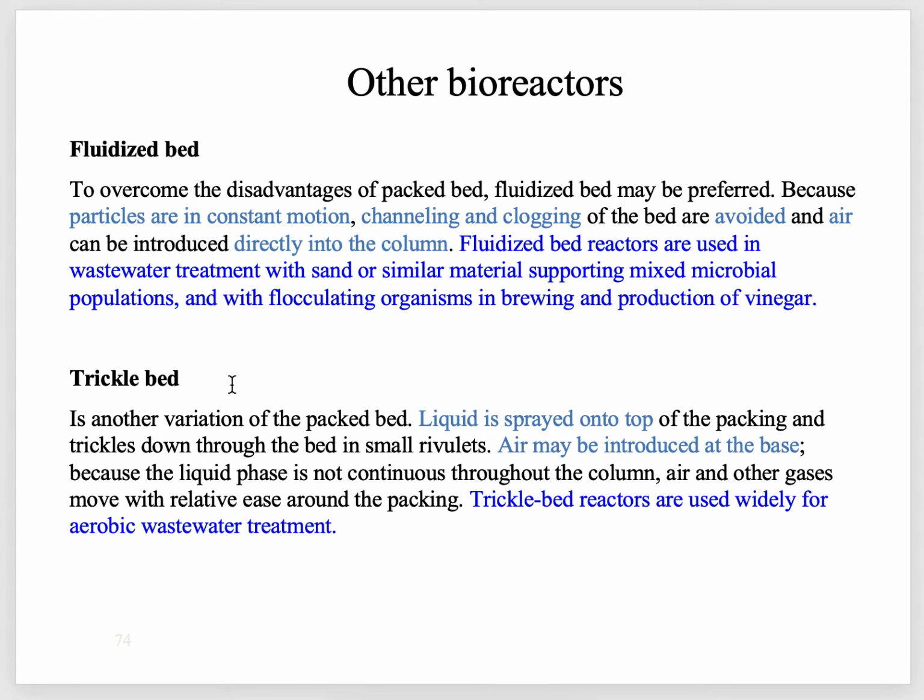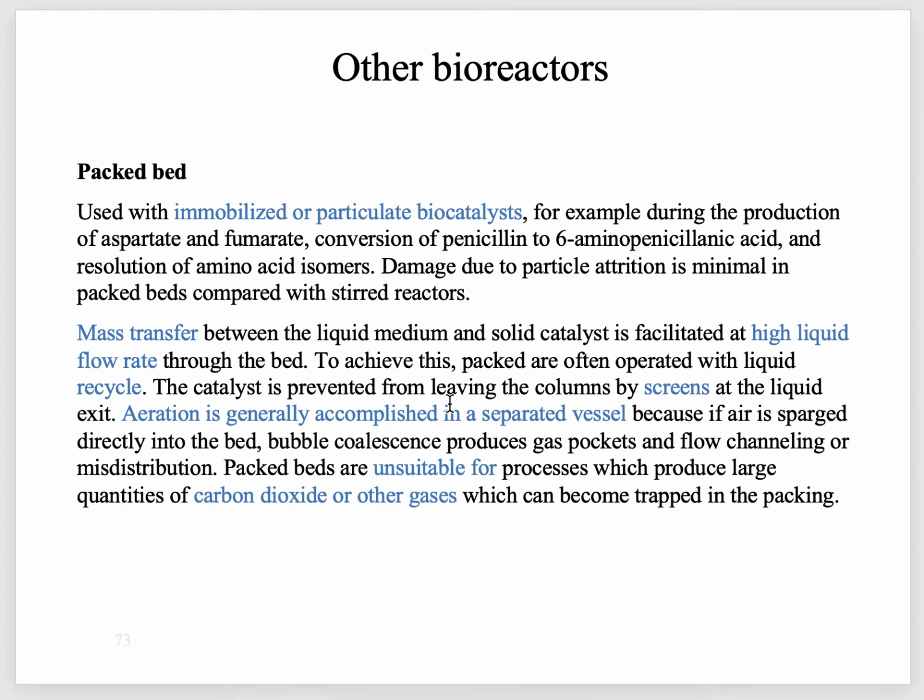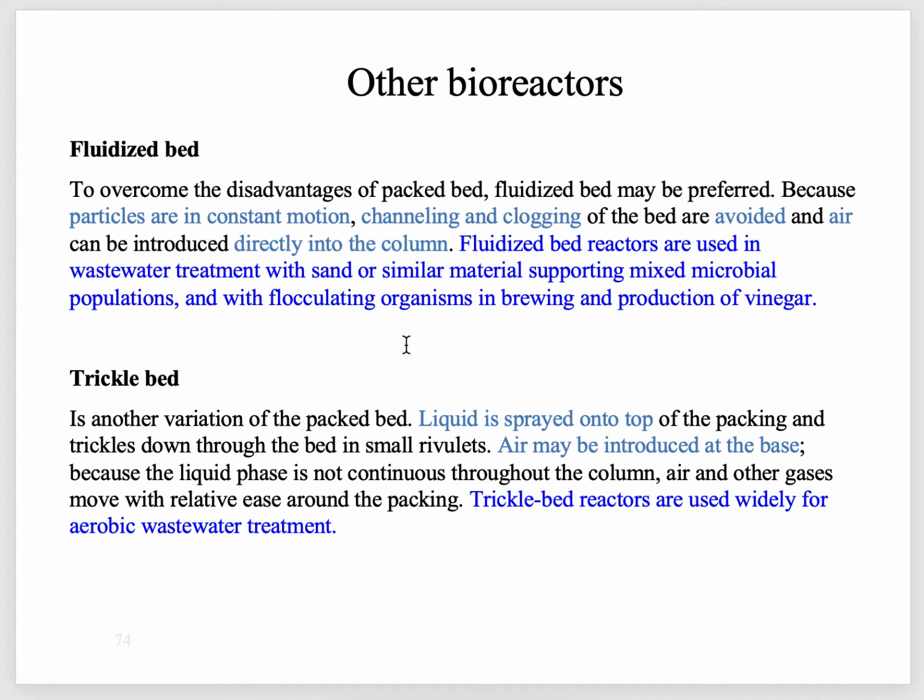Then another one, fluidized bed bioreactors. We just learned that packed bed bioreactors have some disadvantages. So we can overcome these disadvantages by using fluidized bed bioreactors. Why do fluidized bed bioreactors have some advantages over packed bed bioreactors?